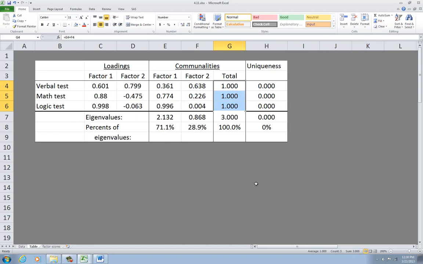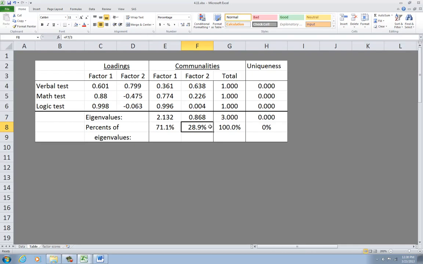That's really cool. Also, the two eigenvalues sum to 3, so we see here 2.132 plus 0.860 equals 3, which indicates that all the variance in the entire data set is accounted for by the two factors. Wouldn't that be great if this was a real data set and everything worked out like that?